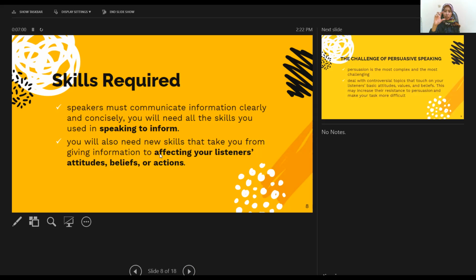Nah, itu kalian kan menjelaskan informing about the disadvantages of smoking ada 1, 2, 3. Nah, setelah itu you have to be able to affect your listener attitudes, belief or action. Setelah be able to inform about it, selain itu kalian harus mampu memberikan changing attitudes, changing behavior, changing belief or even changing action. Jadi speaking to inform plus affecting your listener. Nah, affecting your listener ini yang menjadi key points of a persuasive speech. Penting memang. Ya. Oke, lanjut ya.